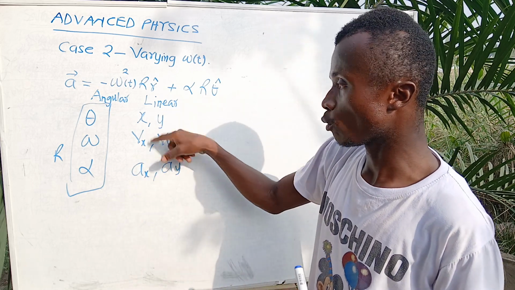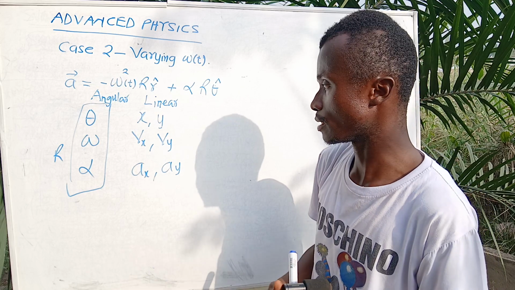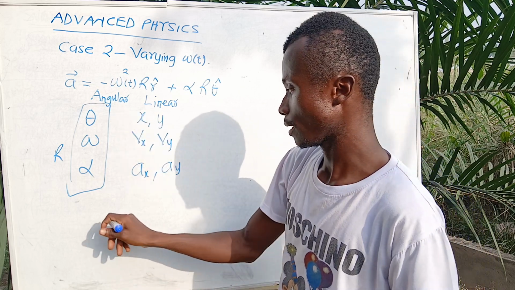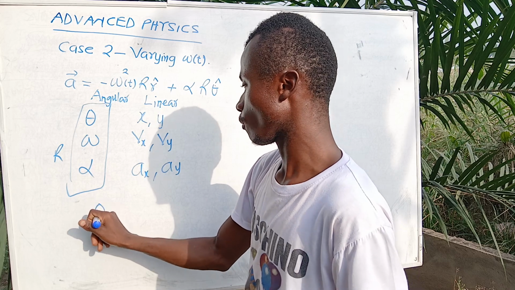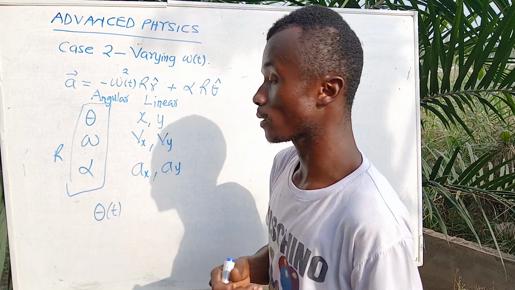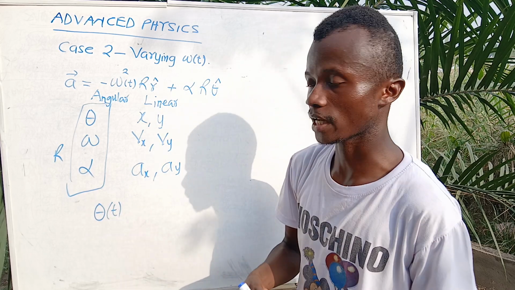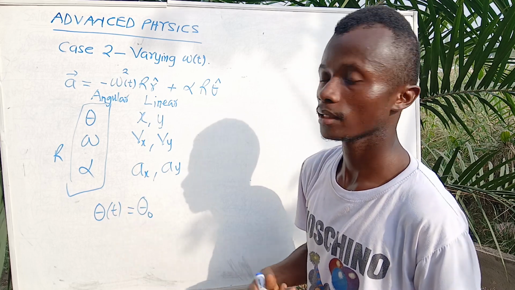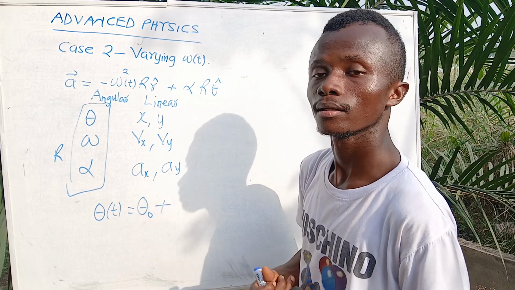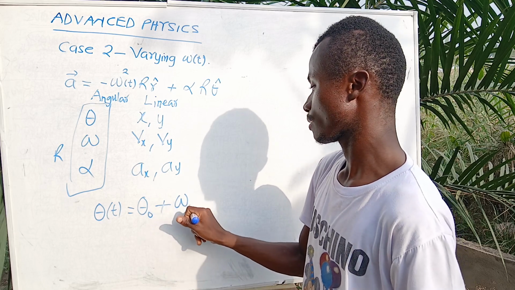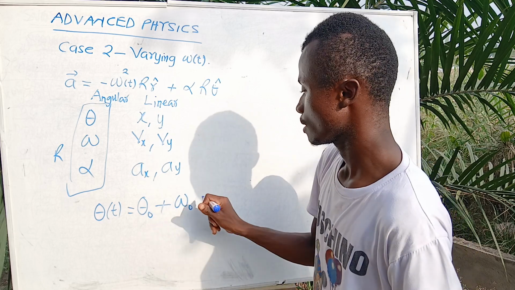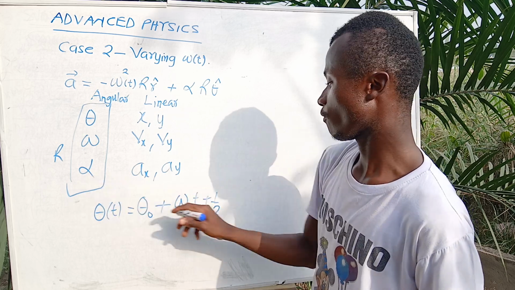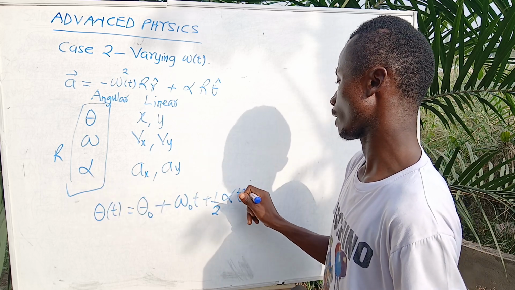The analogy of the motion equations, the kinematic equations, for the angular parameters are, so now theta of t, the angular displacement of the object as a function of time, is equal to the initial angular position plus omega naught, that is the initial angular velocity, times time, plus half alpha t squared.